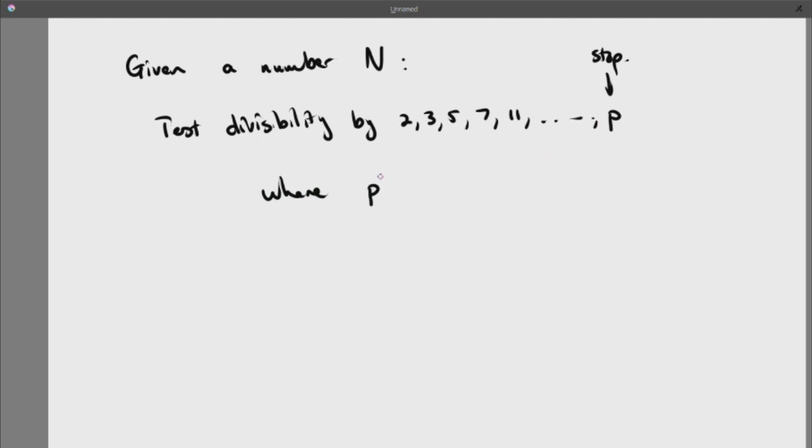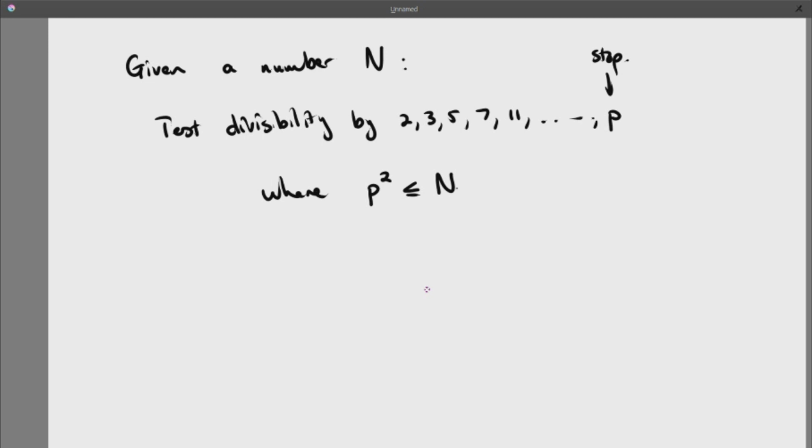So I'm going to stop at some prime number, let's call it P. That's my stop. These are all prime numbers. I don't need to check non-prime numbers. When do I stop? Where P squared, P times P, is less than or equal to my number. If my number was 400, I only check up to 19.